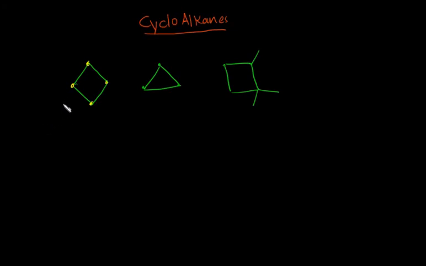But before we write but, we should write cyclo, to show that this is a cyclo shape. Cyclo, then the prefix of this shape is but. Then finally, this is an alkane group, so cyclobutane.